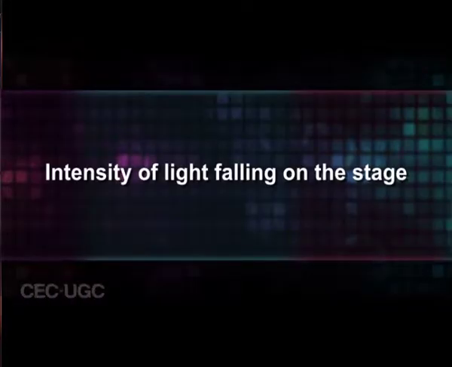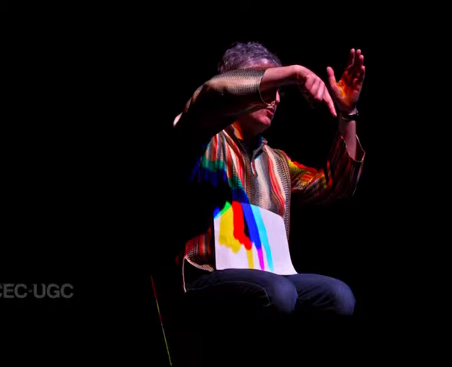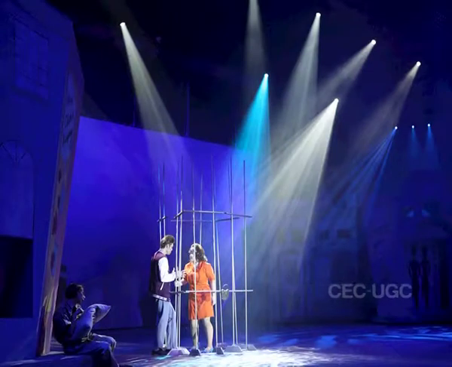Intensity of light falling on the stage. The intensity produced by a specific number of lights on a stage of 15 feet by 25 feet in size will be adequate to achieve the desired intensity on a stage of 15 feet by 25 feet in size, but will not be adequate to achieve the desired intensity on a stage of 30 feet by 40 feet dimension, as the same amount of light spread over a wide area will become thinned out in intensity.